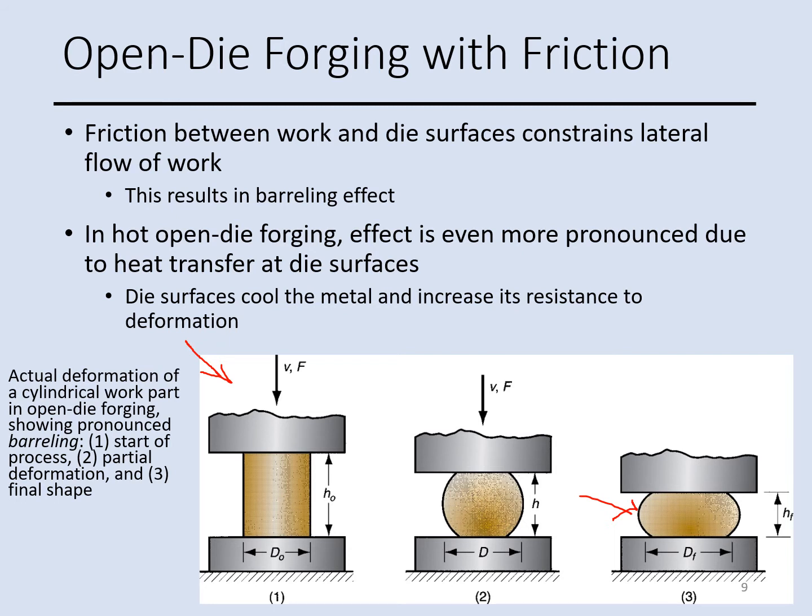It happens mostly when we do the process at high temperature, called hot open die forging operation, because the outer surface of the workpiece is cool and the inner surface here is hot. So because the outer surface is cold, it resists deformation.